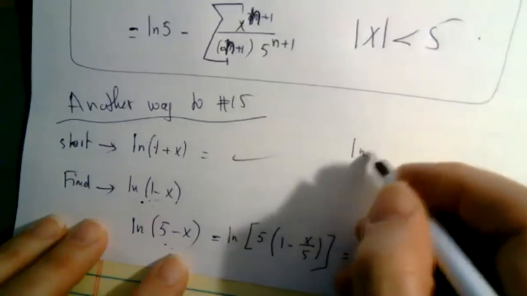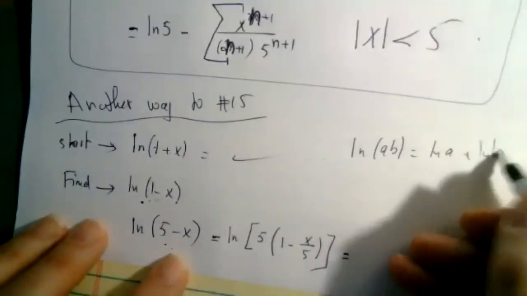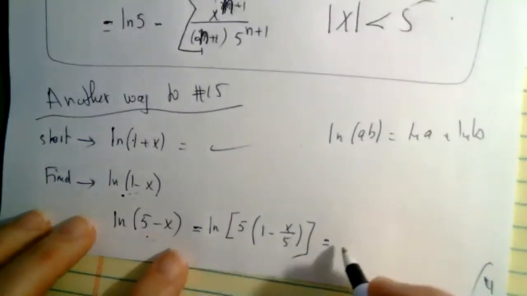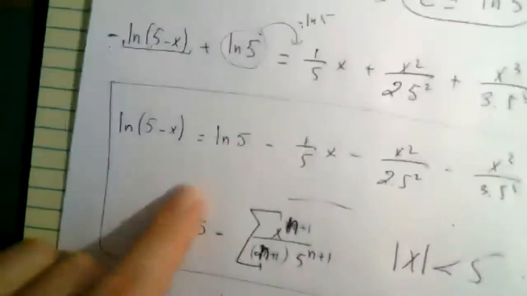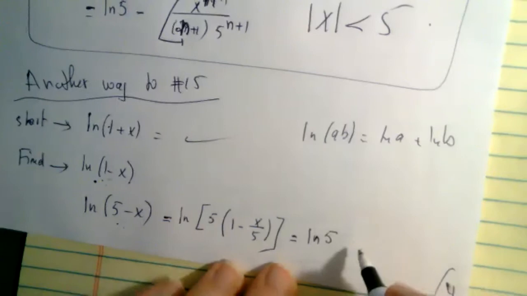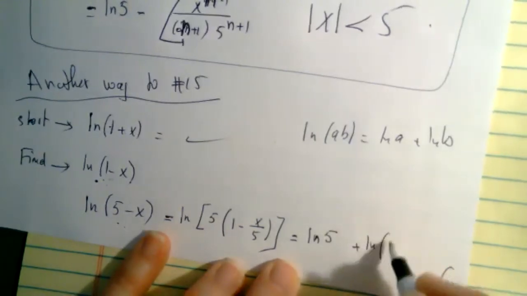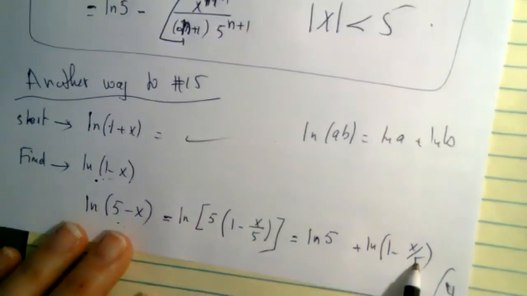We know that the log of AB is log A plus log B. And now the trick: this is going to be ln of 5, which I got right there, and then the last piece would be ln of 1 minus x over 5. This one I know once I know this one.